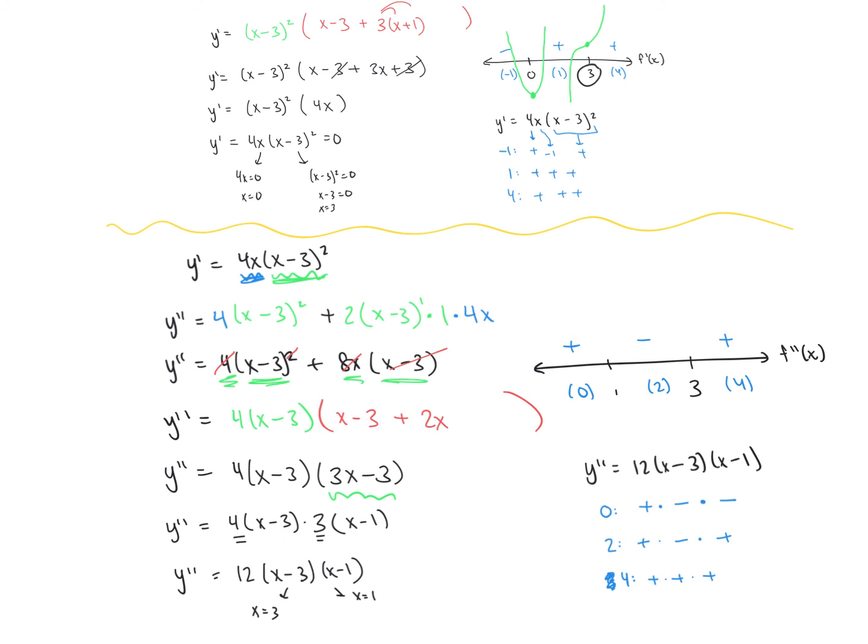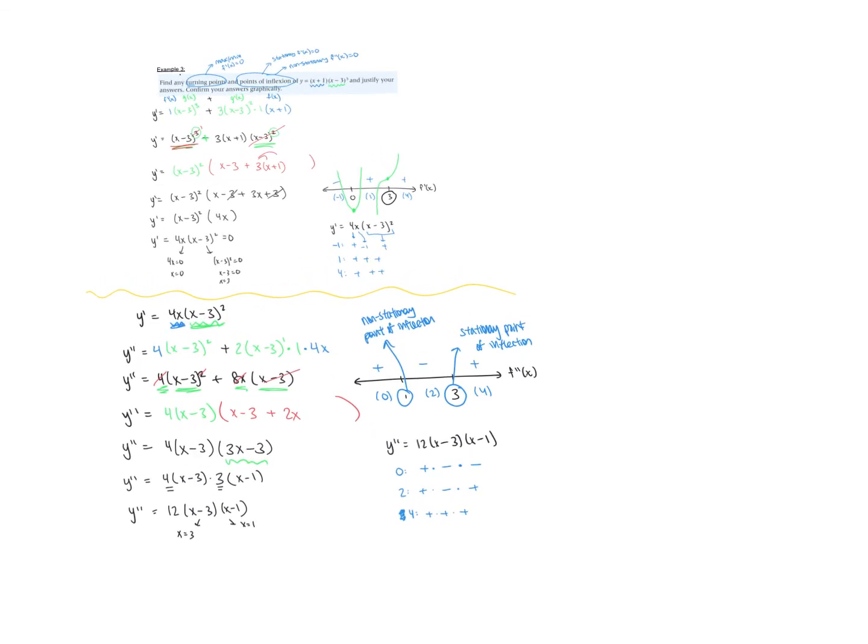Okay? So this one, since it showed up in the first derivative and the second derivative, is a stationary point of inflection. And since this one only showed up in the second derivative, it's a non-stationary point of inflection.